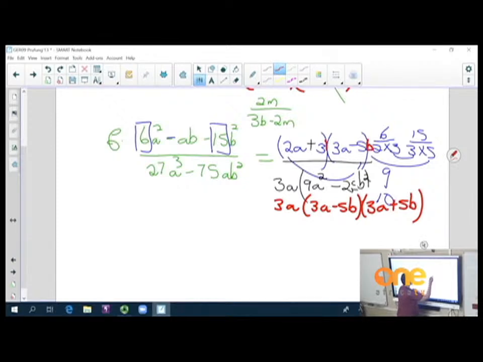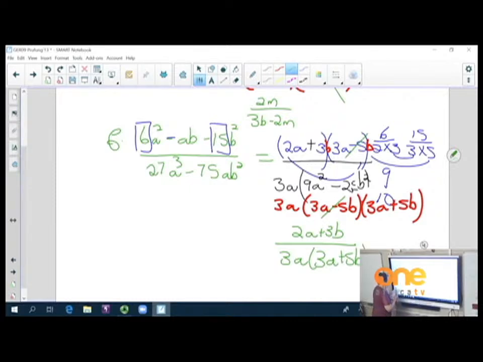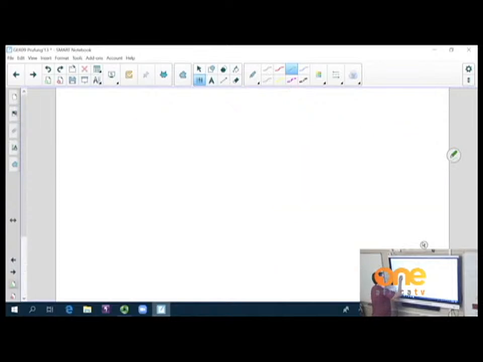And here should be a b. Sorry, I missed that out. So now we can cancel, and this 2 will cancel out. So the final answer is 2a plus 3b over 3a and then 3a plus 5b. So we have to keep on factorizing. You have to factorize further.